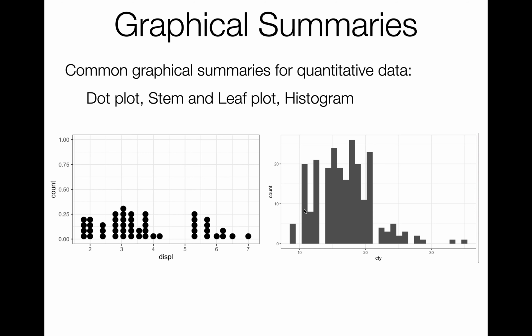Every engine that has a displacement of 5.4, you'll see a point at 5.4. As they increase, you can tell by the heights of the dots where the different data lie most often.